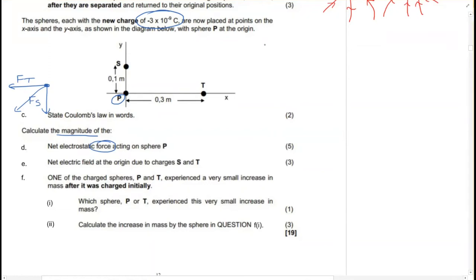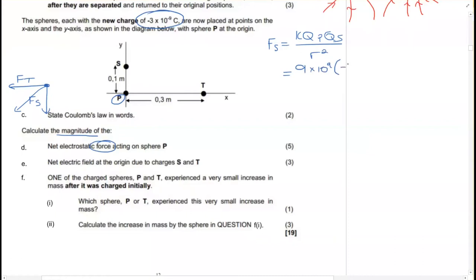So if we go the force of S, so we've got force of S, we've got K, we've got Q_P, Q_S over r squared. Don't get confused with force and field. Remember, this is a force, so we're looking for F. Okay, so K is 9 times 10 to the 9.